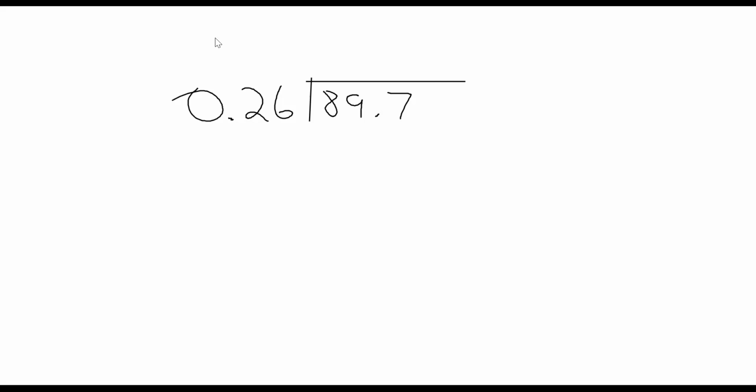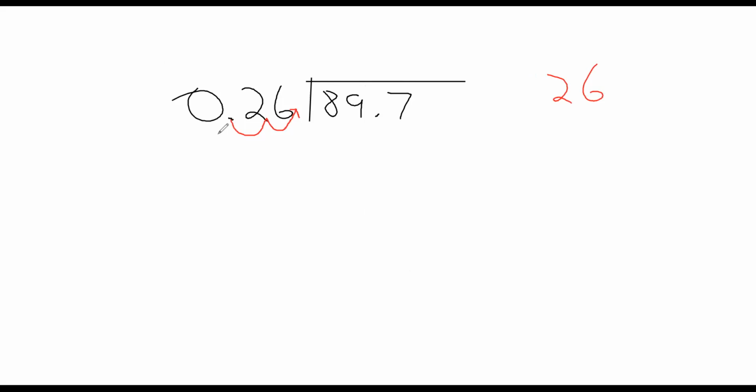Okay, so according to our rules, the divisor has 2 decimal places. So I'm going to move the decimal 2 places to the right. It becomes 0.26 or 26, but now that 0 in front is no longer necessary. 0.26 is just 26. Now, the dividend, the thing inside the house, I don't move it 1 decimal place, which is what it would take for it to no longer have a decimal point.